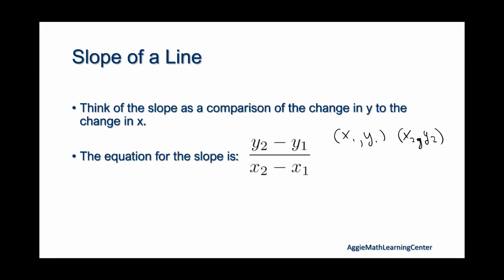We can determine the slope of the line using this little formula here, y2 minus y1 over x2 minus x1. It doesn't matter so much which point we assign to be x1 and y1 and x2 and y2. It's just important that we're consistent once we do assign that. So, given these 2 points, determine the slope. Give you a couple minutes to try that one on your own, and we'll work through it together.